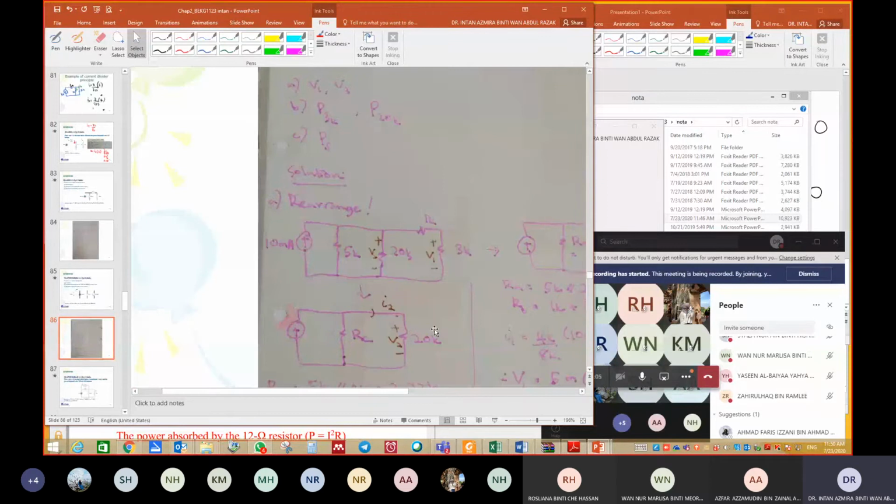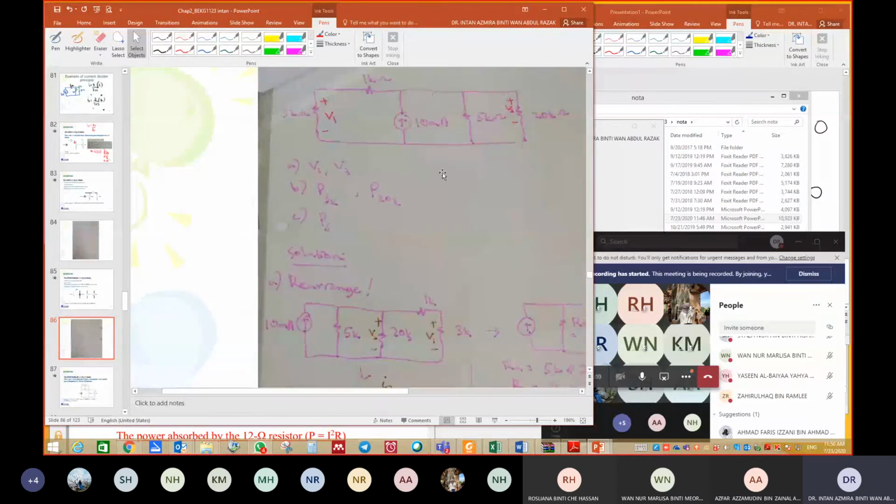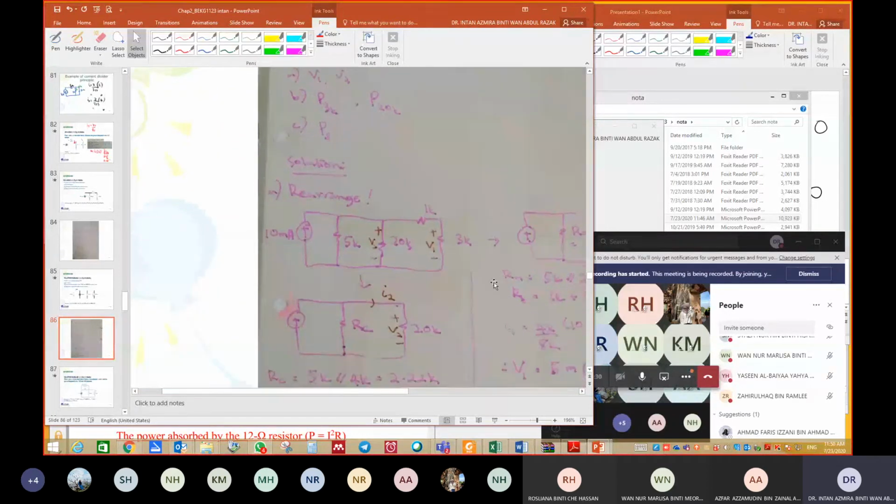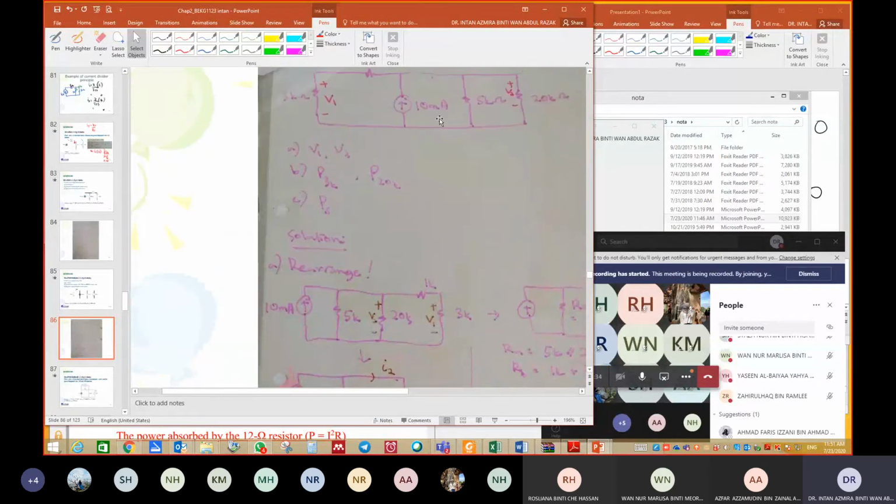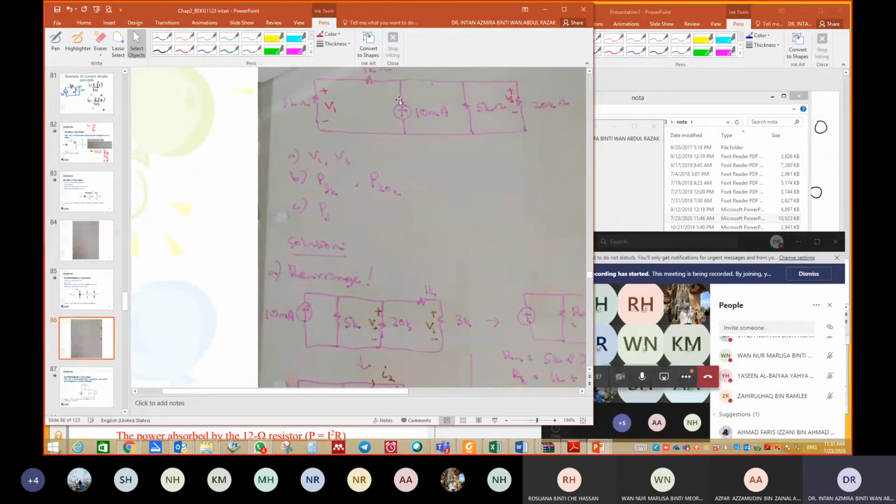You can rearrange it by placing the current source here, 5K here, 20K here, and then 1K in parallel with 3K here, so that you have a better view on how to implement the current divider principle. You can rearrange this circuit, but make sure that the connections, the nodes, remain the same.